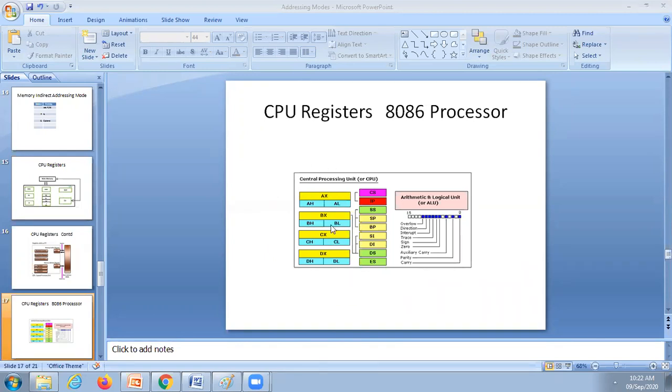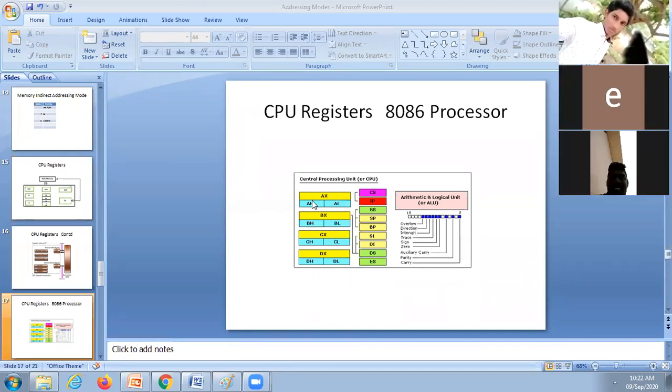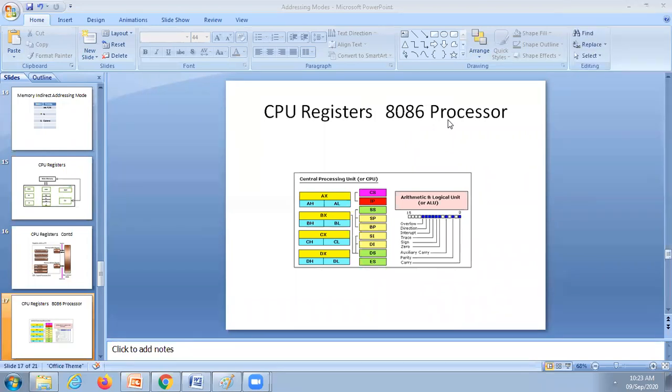These are the general purpose registers in the 8086 processor. We are going to learn this in a future course. For 8086 you will have a separate subject, microprocessors, in which you will learn all these things in detail.